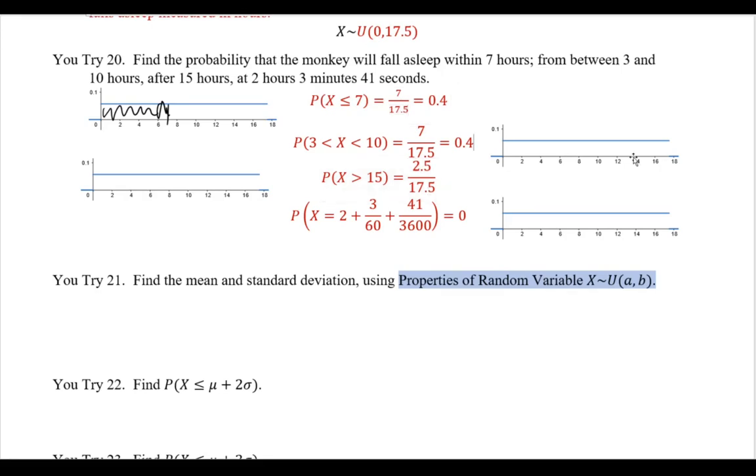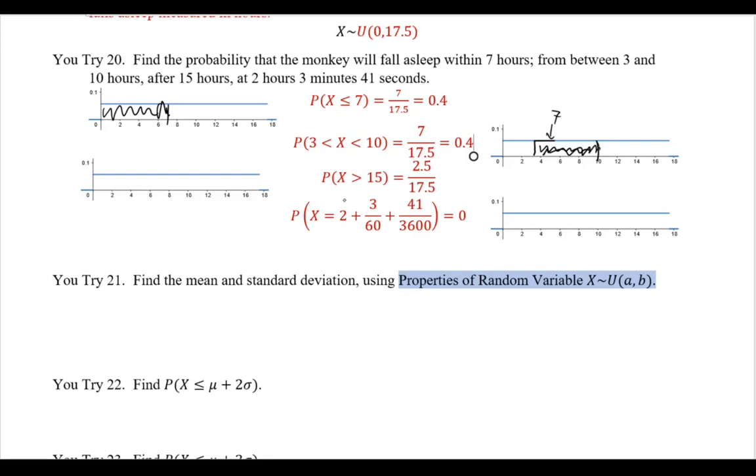Here, the probability that the monkey fell asleep between 3 hours all the way up until 10 hours: we have a duration of 7 hours out of the total 17.5 hours that it could have fallen asleep. So that would still be 7 over 17.5.